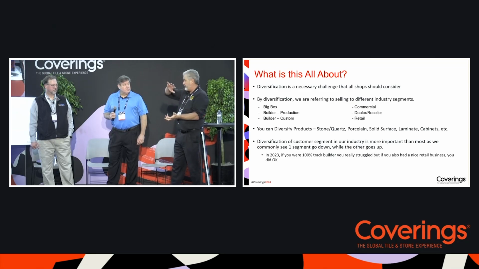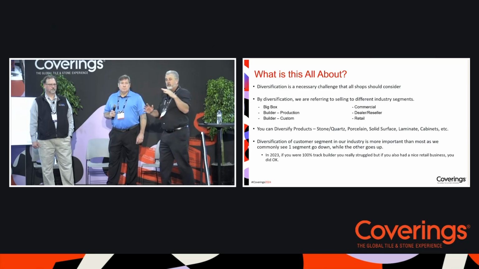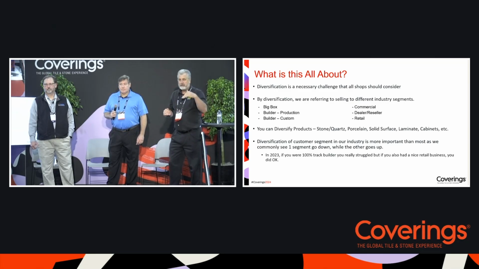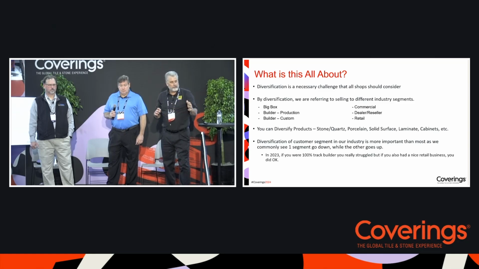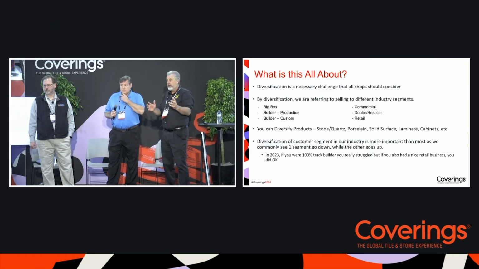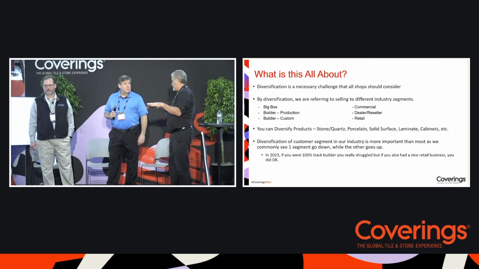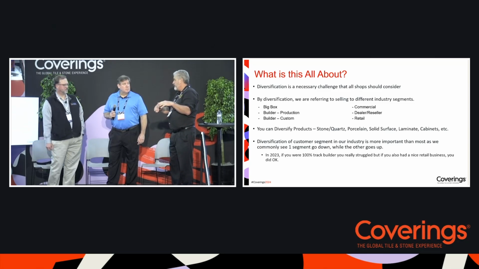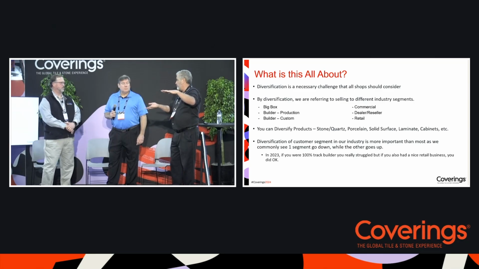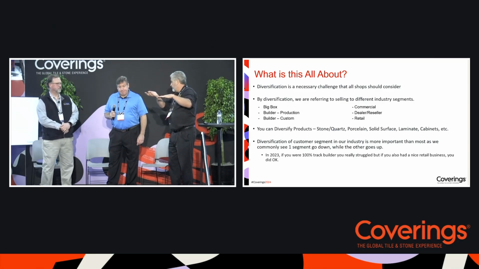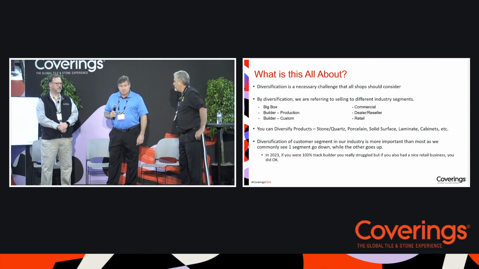Then it can flip. Then builders can come into play. So we constantly have different waves of customer types. And the good news is, though, it's almost always, maybe '08 was a different case, that as some are coming down, there are definitely other ones coming up. So why don't you guys share a little bit about that?